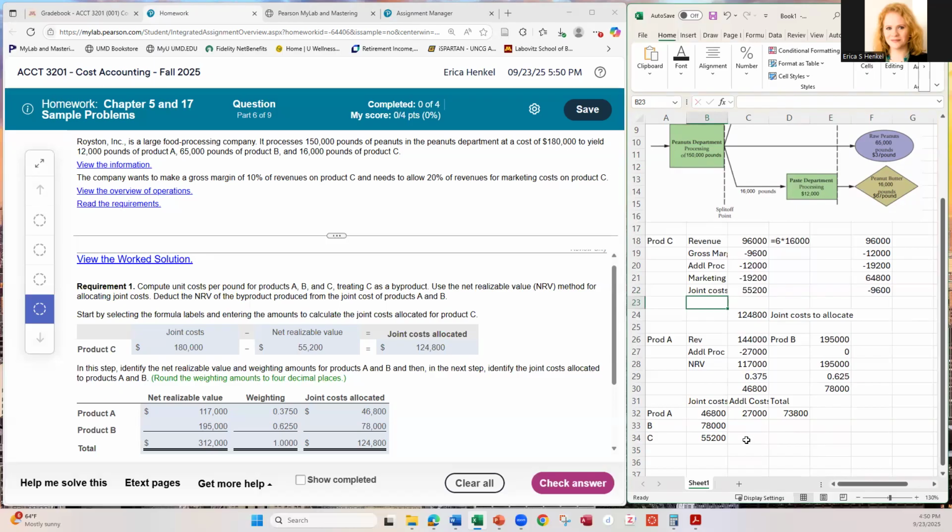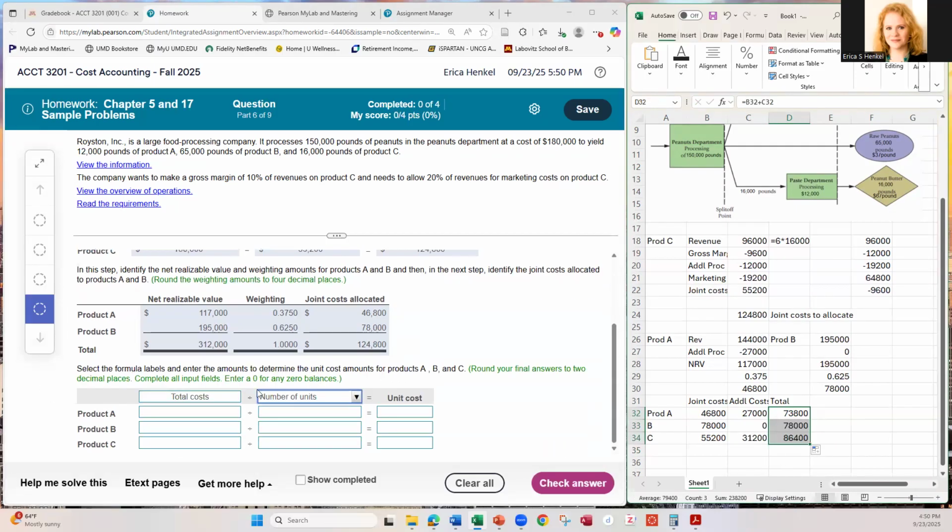And then the peanuts, let's see, so the raw peanuts had no additional costs, and the peanut butter had the 12,000 plus the marketing of 19,200, right? So if we drag this down, 78,000.